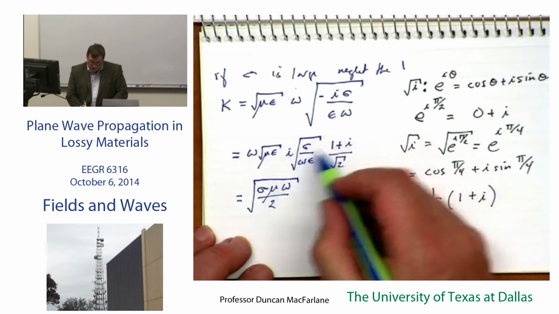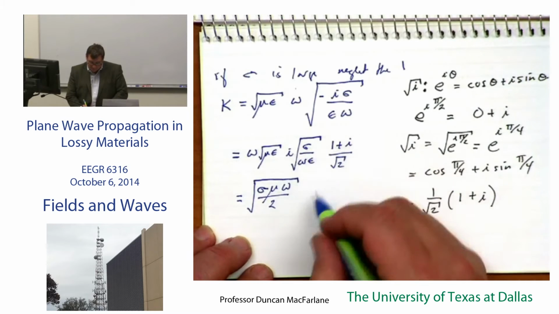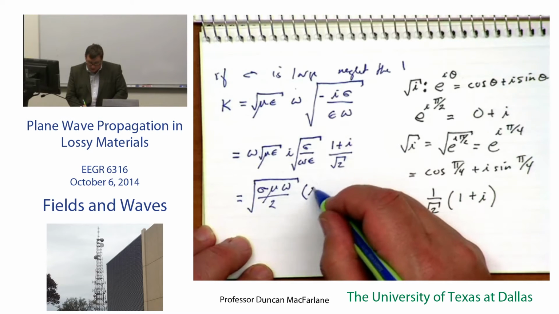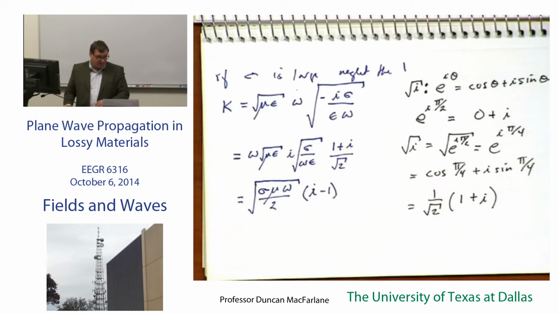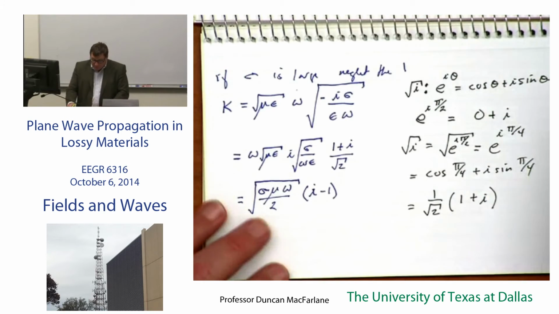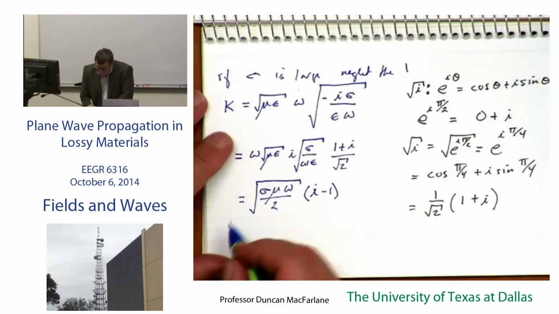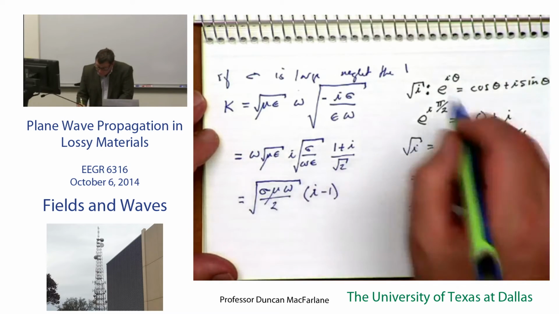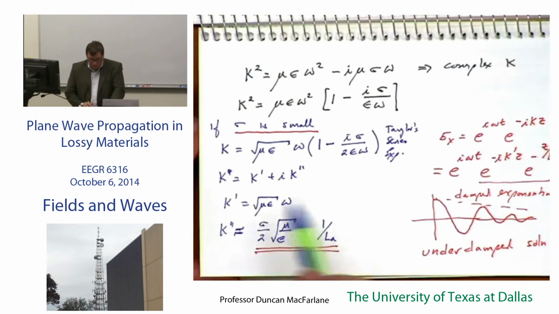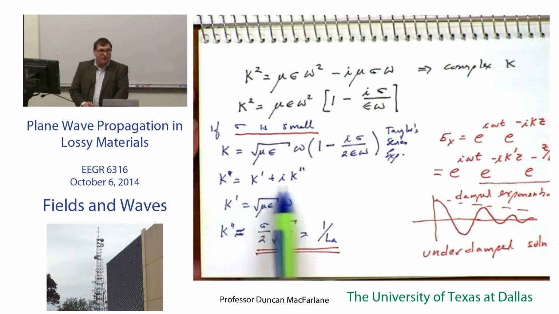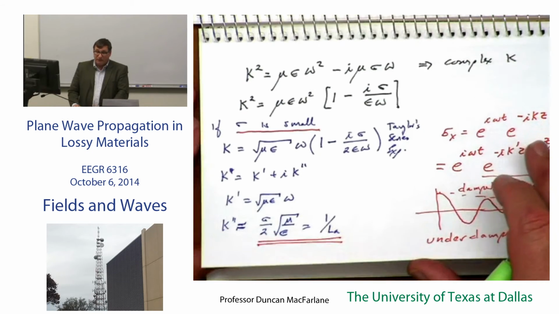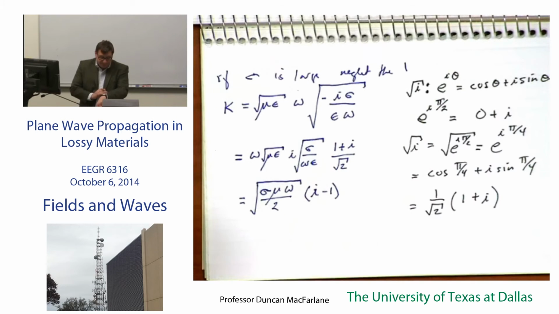And then i times 1, i times i is an i minus 1 sitting there. So remember, I still have k equal to k prime plus i k double prime. It's still a complex k.